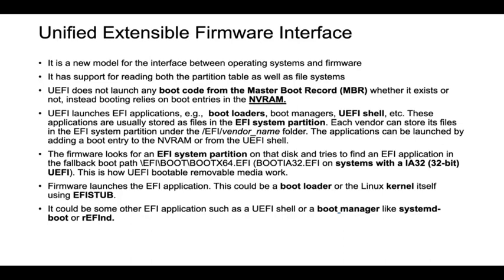The application can be launched by adding a boot entry in the NVRAM or from the UEFI shell. The firmware looks for the EFI system partition on the disk and tries to find an EFI application in the fallback boot path, which is \EFI\boot\boot.EFI, or boot IA32.EFI on systems with 32-bit UEFI.